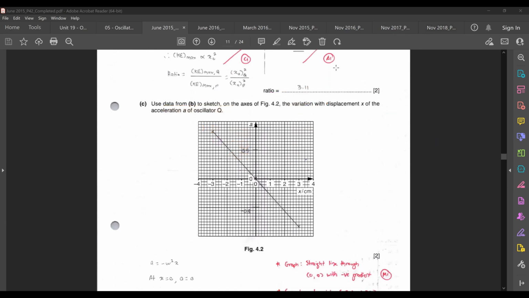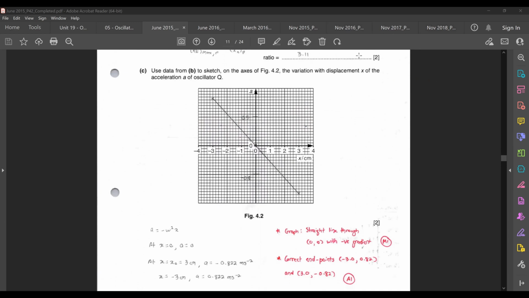Now for part C, use your data from B. Data from B is your maximum acceleration that you just found. To sketch on the axis of the figure below, the variation with displacement x of the acceleration a of oscillator Q. They want a graph of acceleration versus displacement.